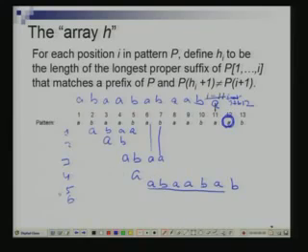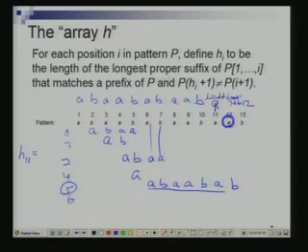So we will say that 5 is a reasonable value to shift by. So h I of 11, or the 11th location of this array would be, okay, we'll come to what it is exactly.